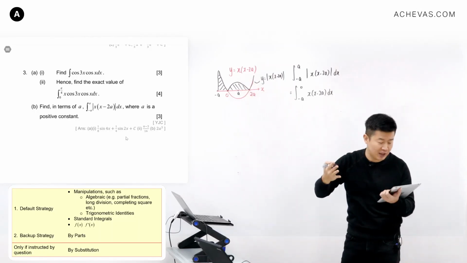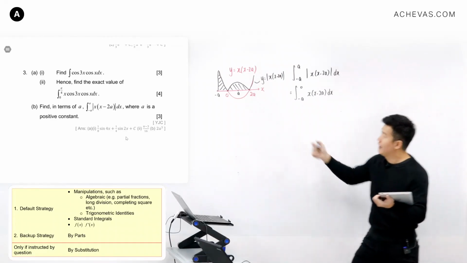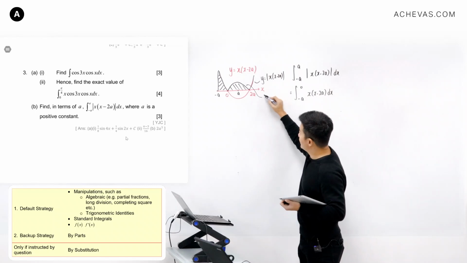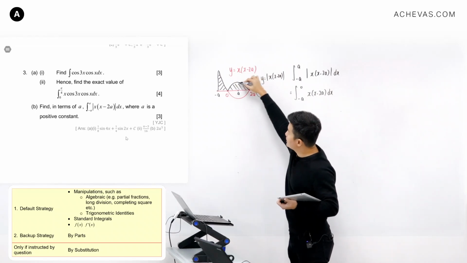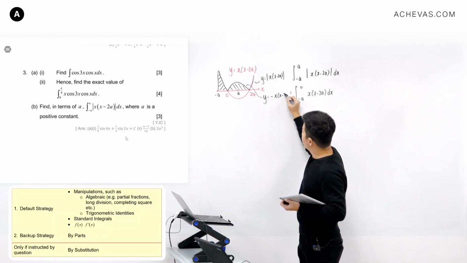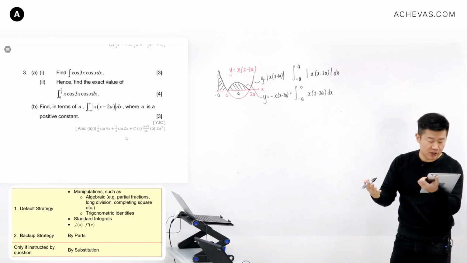If it is reflected about the x-axis, it is going to go through a transformation where the new graph is multiplied by negative, which means that just for the top portion of the graph, it has an equation of minus x minus 2a, because it is a reflection of the original graph.